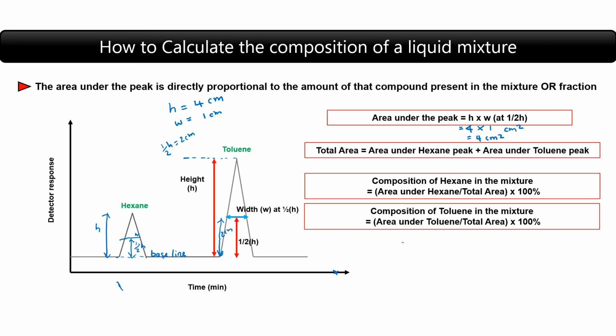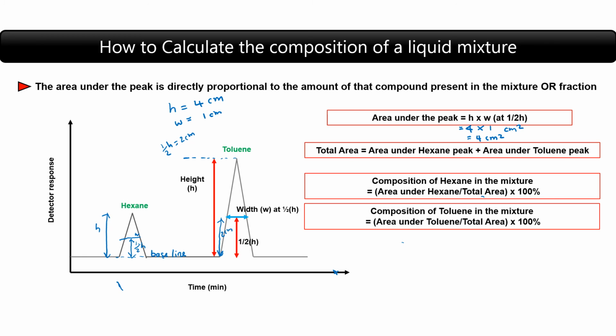Since these areas under these peaks are directly proportional to how much of hexane or toluene was present in the mixture, we can use these numbers to calculate that. So the composition of hexane in the mixture would be area under hexane over total area times 100%.